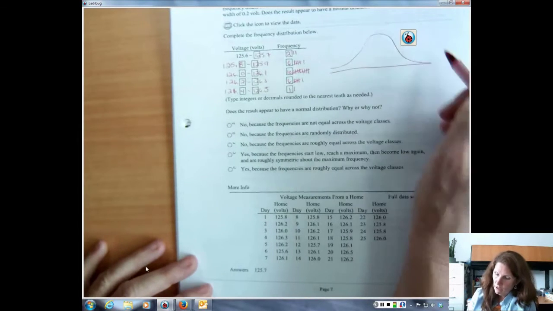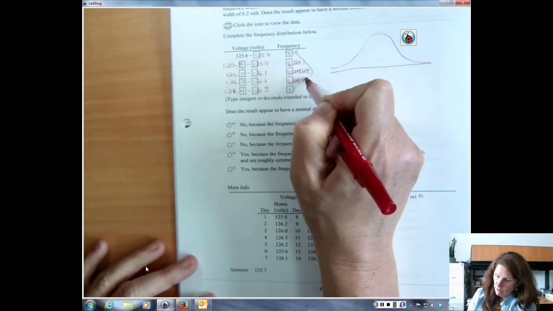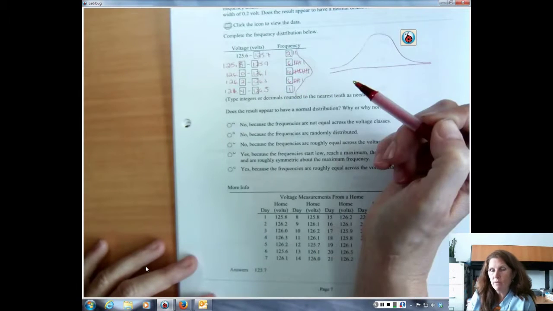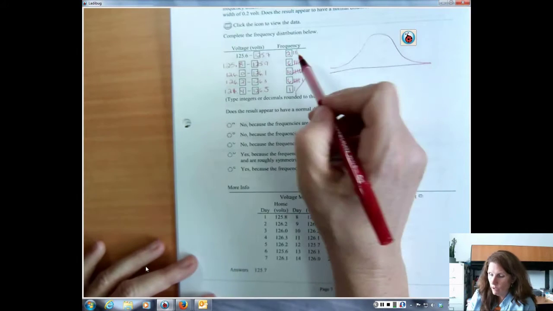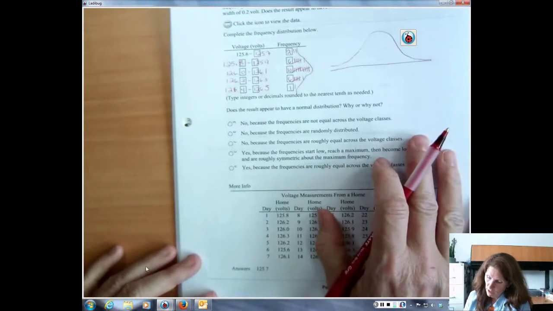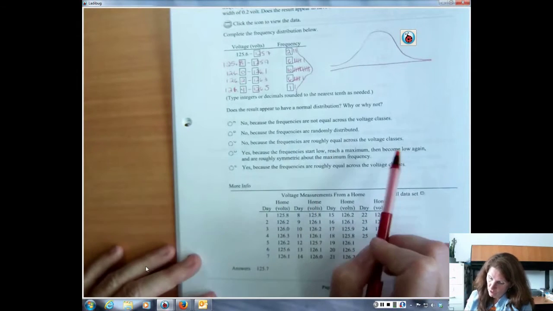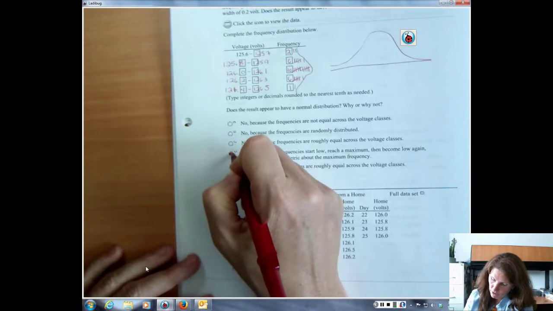So if you look at our data, it kind of has that shape, right? It goes up, comes back down. That's a bad drawing, but it does have a pretty normal distribution. Even though it's 2 on one side and 1 on the other, it's roughly normal. So yes, the frequencies start low, reach a maximum, and come low again, so they're relatively symmetrical. So it is pretty much a normal distribution.